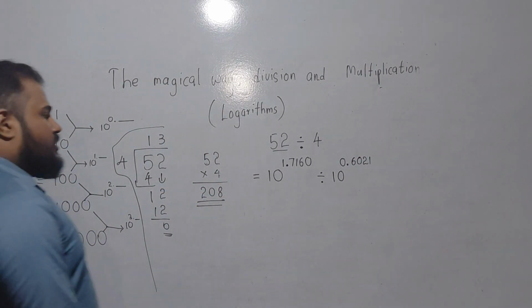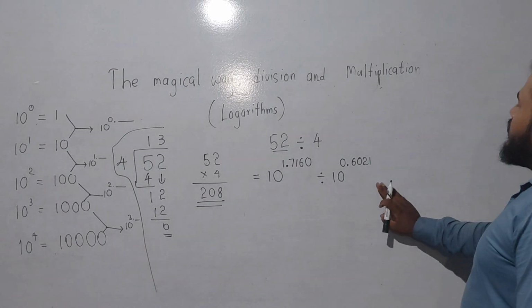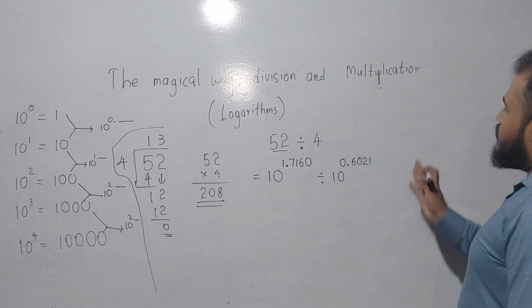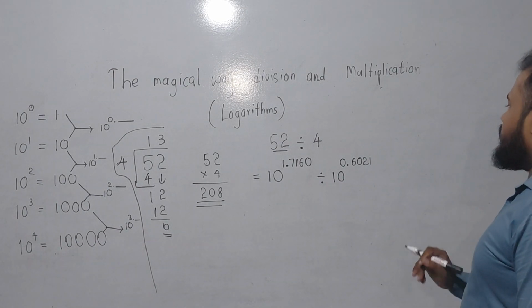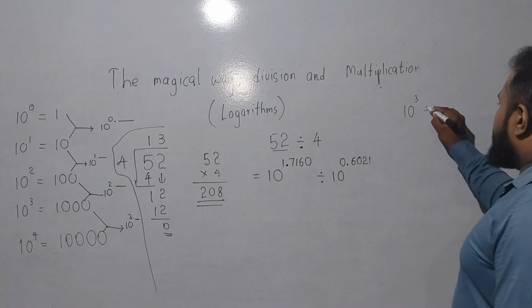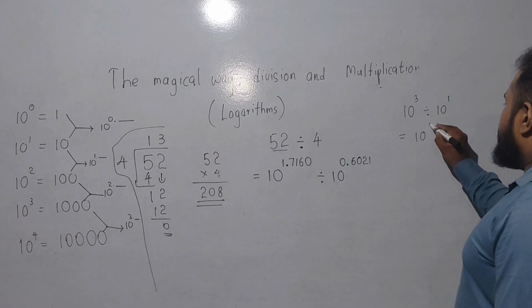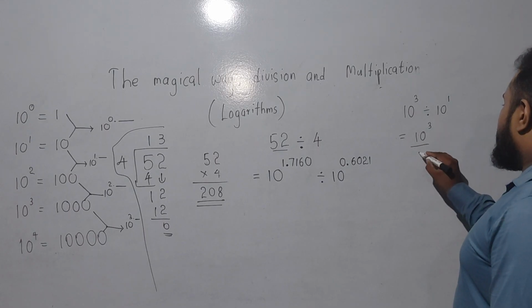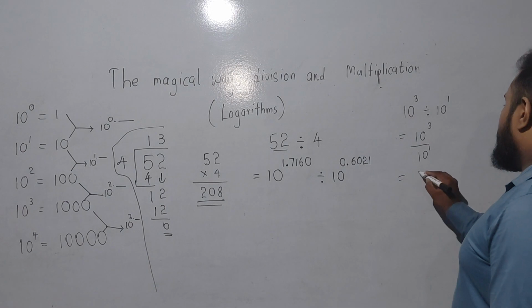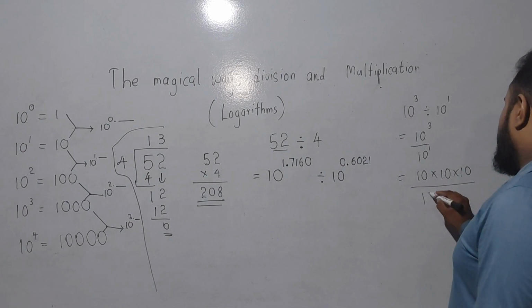Okay. Now division of indices values is equal to subtraction of the powers. Like if you want to divide 10 to the power 3 by 10 to the power 1, you have to do 10 to the power 3 divided by 10 to the power 1 equals 10 times 10 times 10 divided by 10.